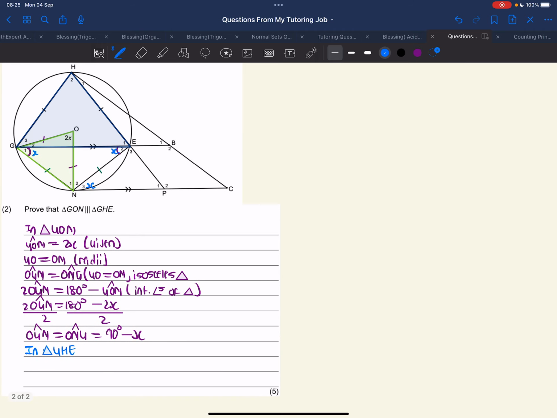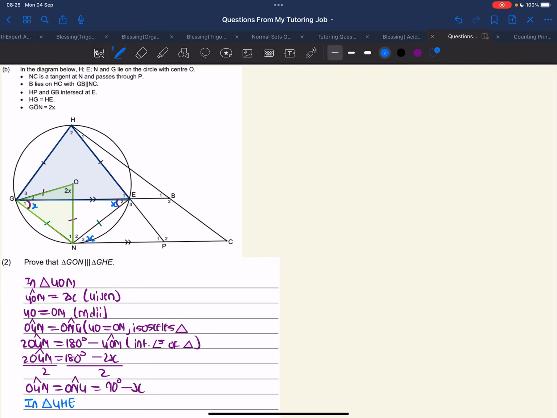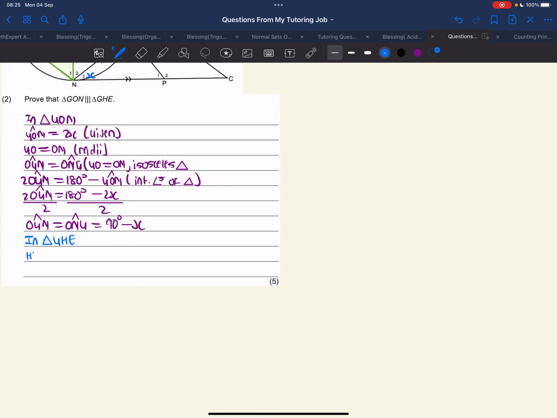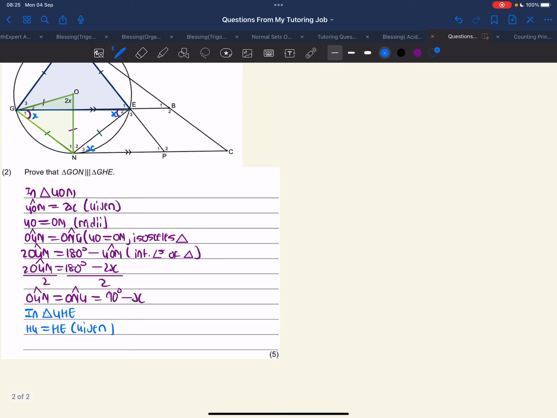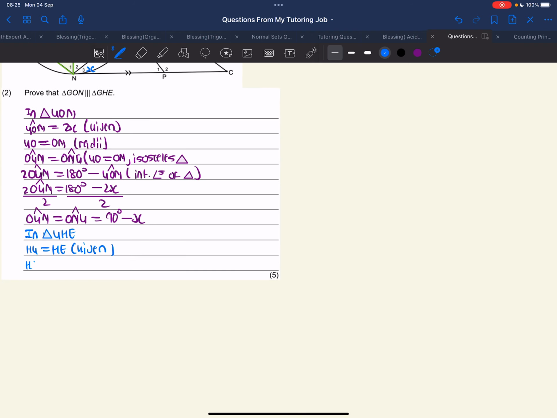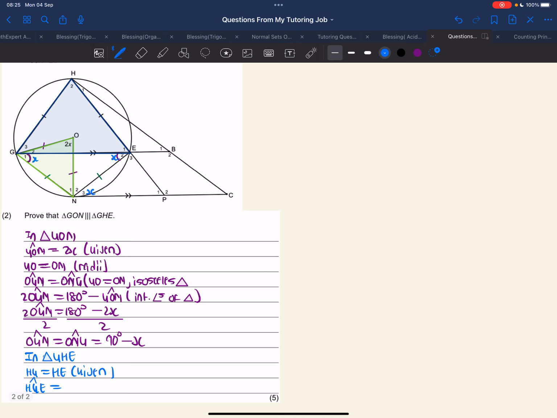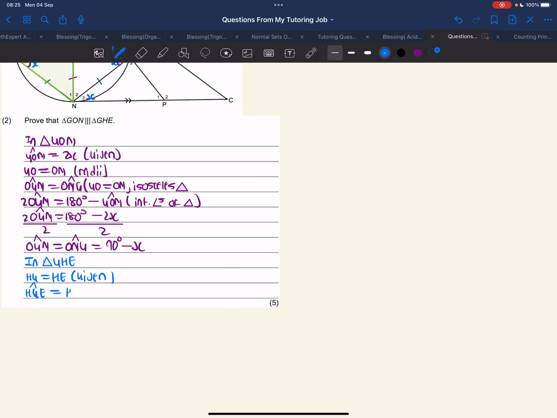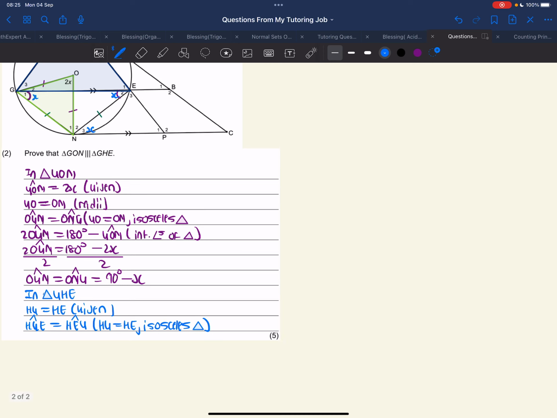So angle HGE is equal to angle HEG, and the property is HG equals HE, isosceles triangle.